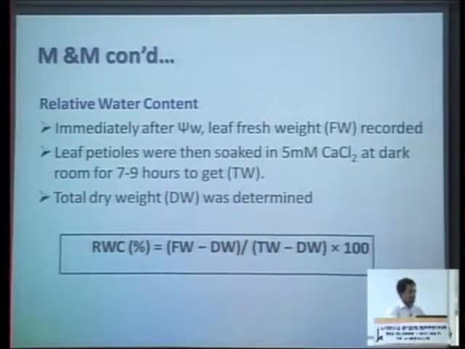After we determine the turgid weight, we take them to oven dry for 3 to 4 days in order to get a constant weight. So at the end, after we measure the dry weight, we calculate relative water content in percentage: fresh weight minus dry weight over turgid weight minus dry weight times 100.